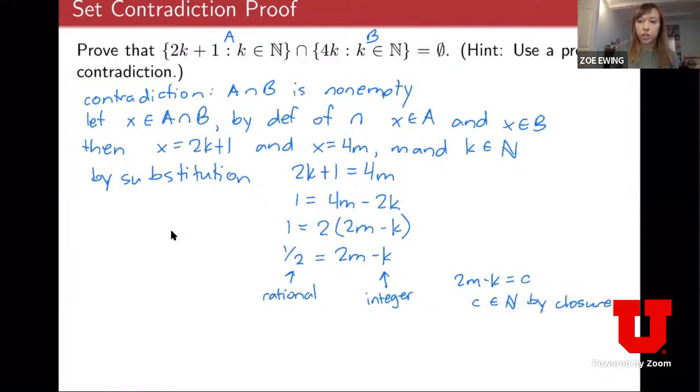So this is a contradiction because an integer can't be represented as 1/2. So that means by contradiction, A intersect with B has to be the empty set.